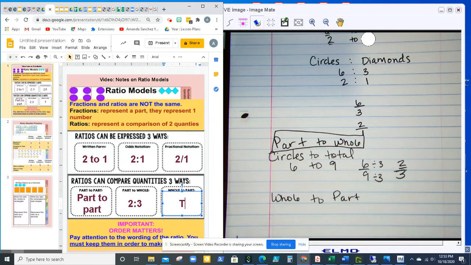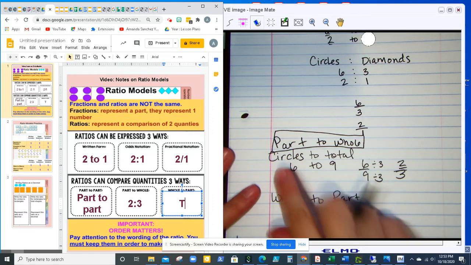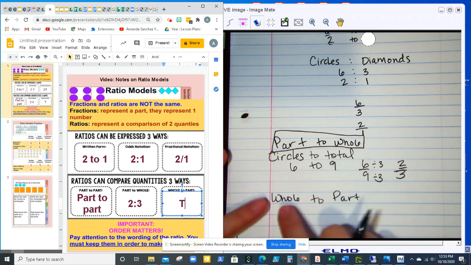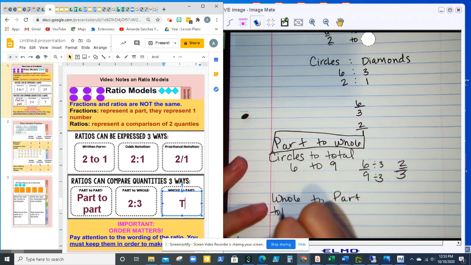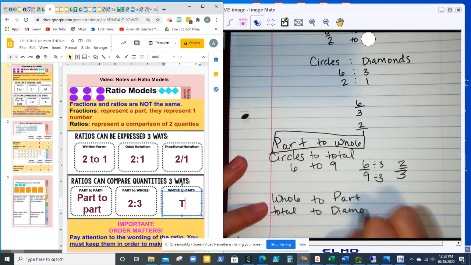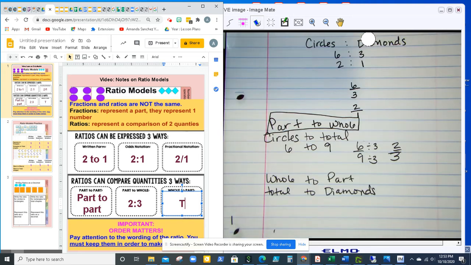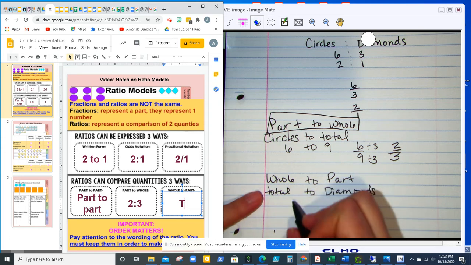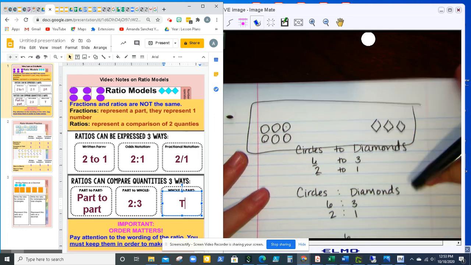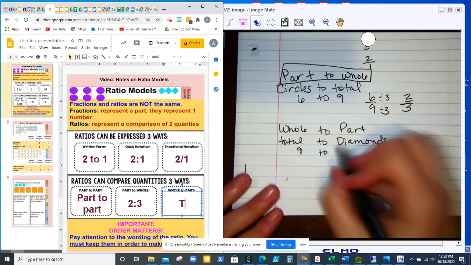We've already done circles to total. Let's do total shapes to diamonds this time. Whatever is listed first has to be your numerator or the first number in your ratio. If you switch the numbers around, it will be incorrect. So the total we already know is 9, but the diamonds is different. There are 3 diamonds. So it'd be 9 to 3.